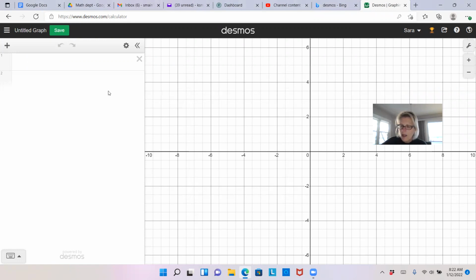You can do any calculation you want in any of these rows. If you go to this plus button right here, I am going to click on table, and I'm going to put in the 2 coordinate points, the very first set that we did.